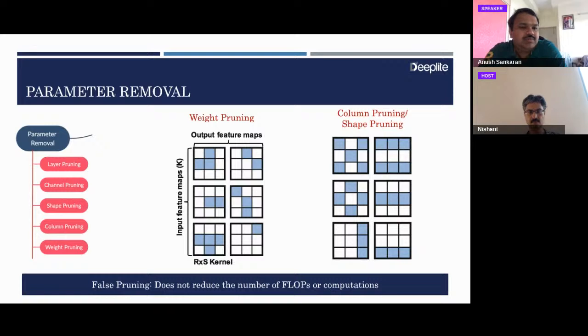Okay, so there are different ways to do it. The first one is what we call random weight pruning, where we take some random weights and make them 0. So there are blue cells at random places.